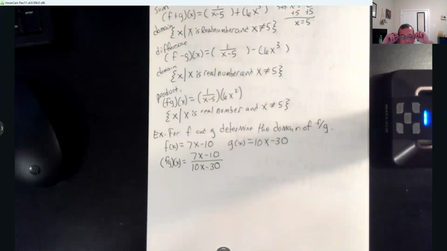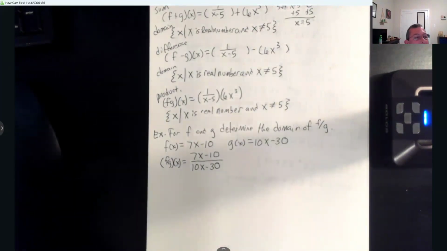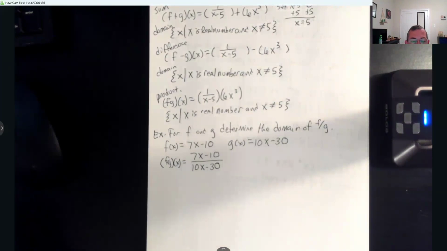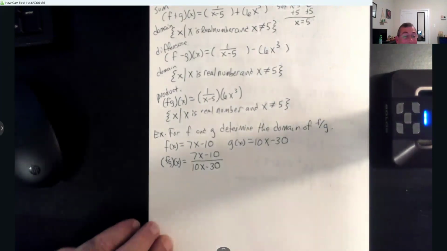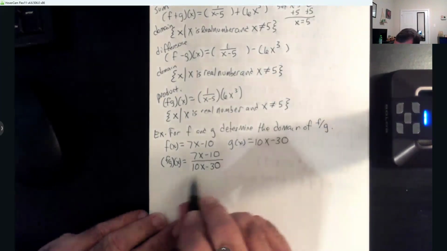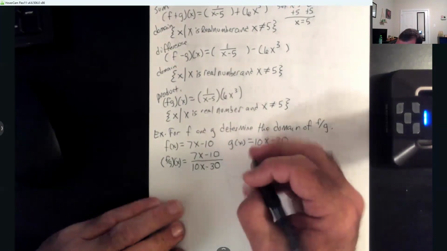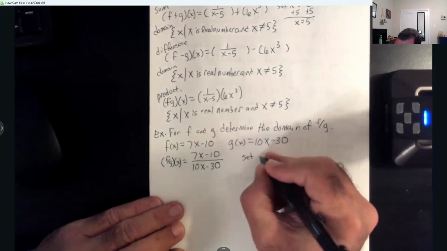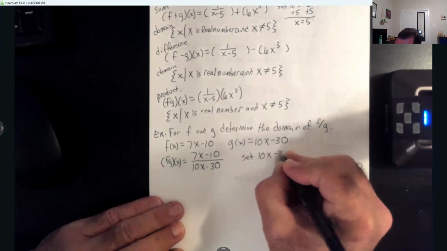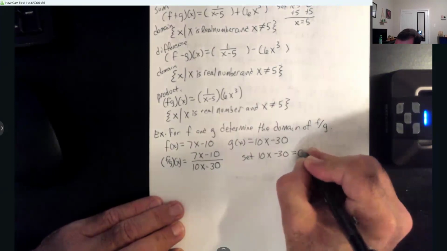So y'all, finally, you quick up there, ain't you? Oh, that's pretty quick. All right, y'all. So y'all done got it done. So I do got a variable in the denominator. So I would set 10x minus 30 equal to 0.